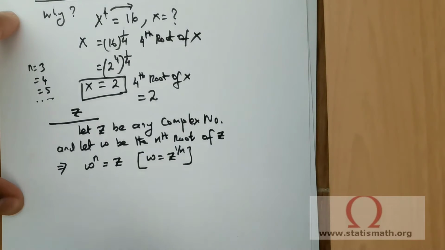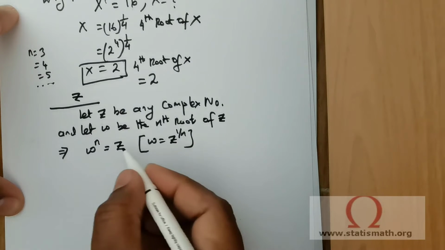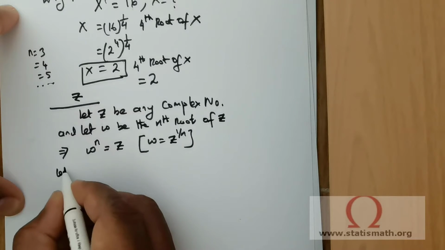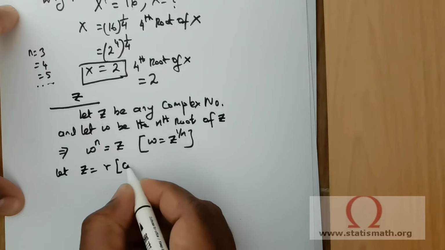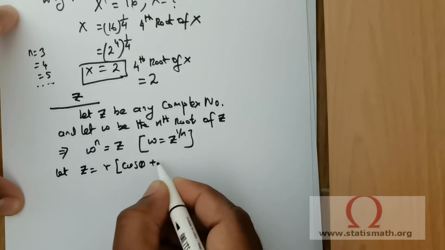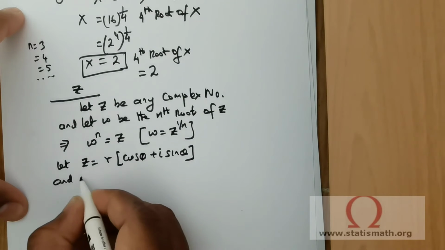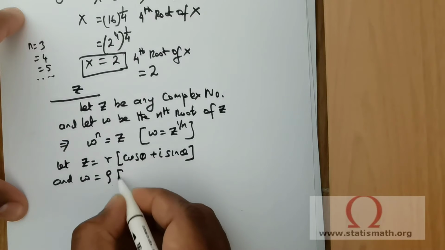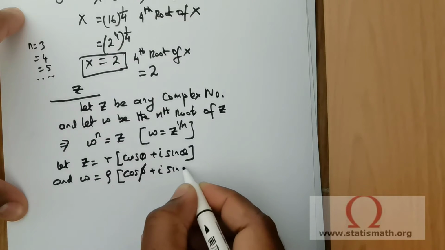Now since both of these are complex numbers, let z be equal to r times cos theta plus i times sine theta, and omega be equal to some rho of cos phi plus i times sine phi.